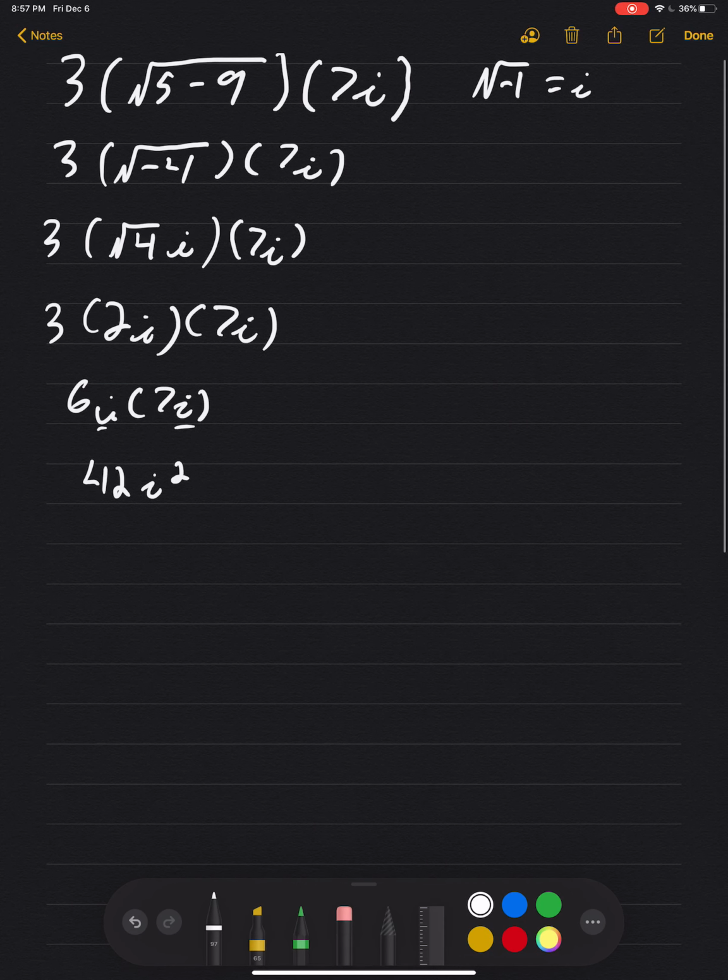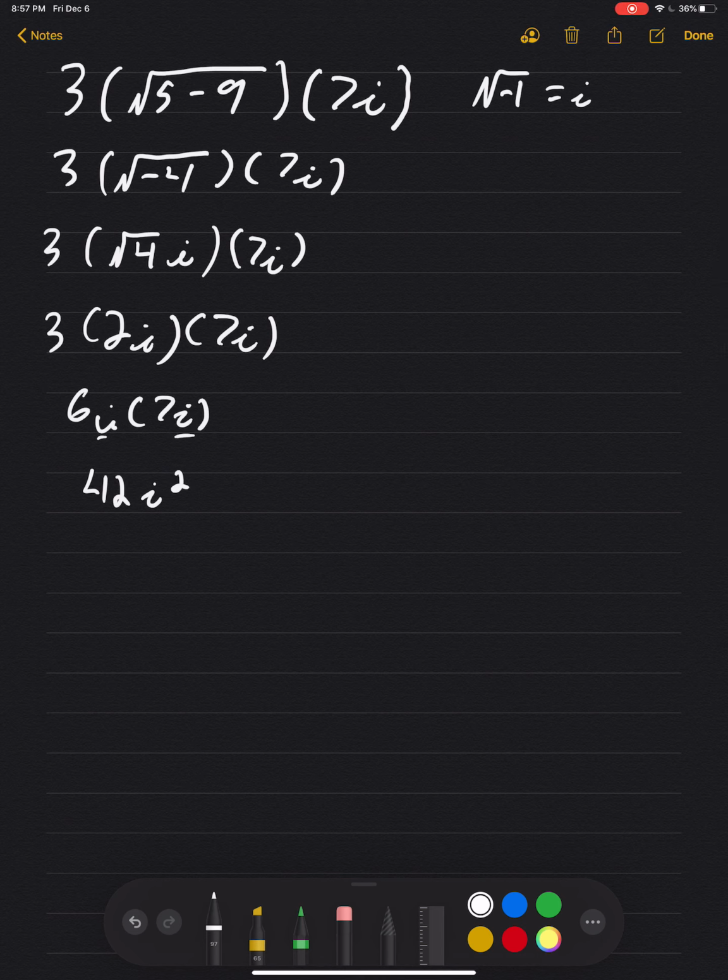Now, if we look back at what i represents, it represents the square root of negative 1. And because we're squaring it, that means that we are saying the square root of negative 1 squared. And if we remember how square roots work, whenever we multiply a square root by itself, we get the number that is inside the square root.